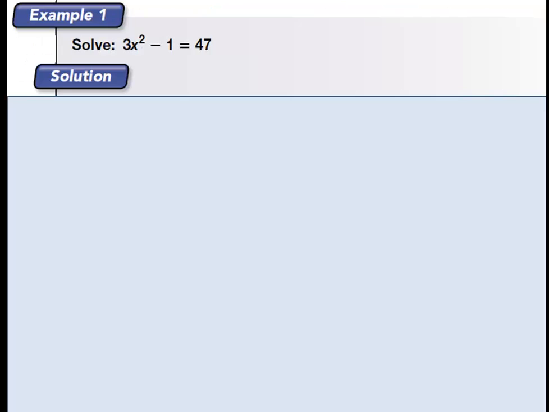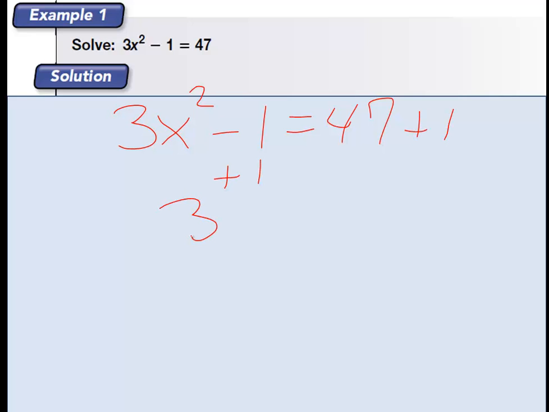So let's try it on this one here. First thing, we want to write this down on our paper so we show our work. 3x squared minus 1 equals 47. Okay, the first thing we do, we've got 3x squared minus 1. Well, what's the opposite of subtracting 1? It's adding 1, so we want to add 1 to each side. So now we get 3x squared equals 48.